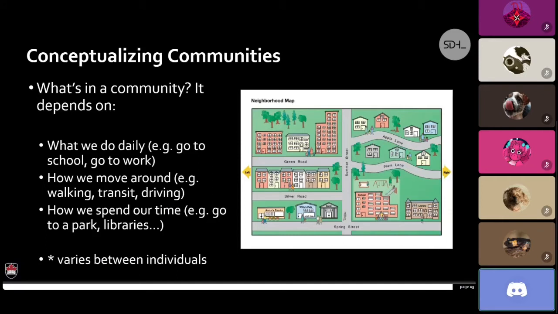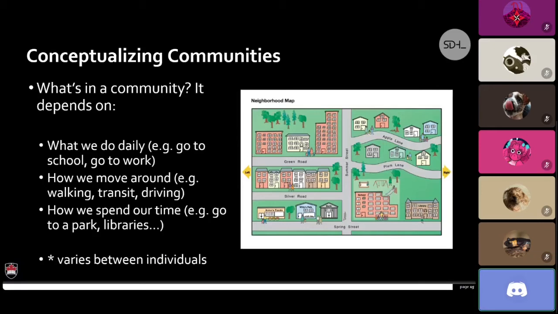To understand that part, we really need to conceptualize how we perceive the communities around us. The idea of a community is unique to every individual. It varies from person to person because every person interacts with their communities differently.